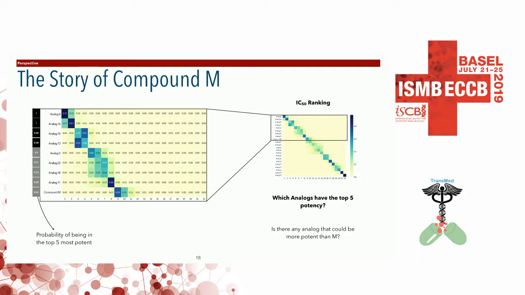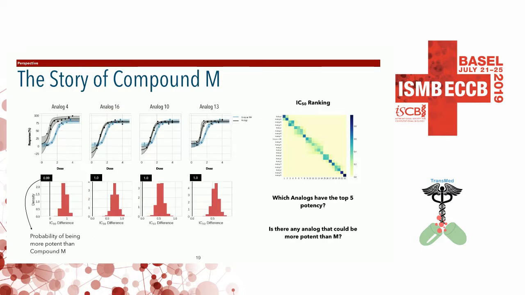And what's interesting is that our initial compound M is actually very far from being in that list, which would suggest that there are indeed compounds that are more potent than our initial compound M. And this is what we see when we do an individual comparison of each analog to our compound M. We see here that the IC50 difference distributions are all significant. So these would be 4 analogs that we would be interested in further analyzing to see if they are indeed more effective at inhibiting cell growth in this disease.